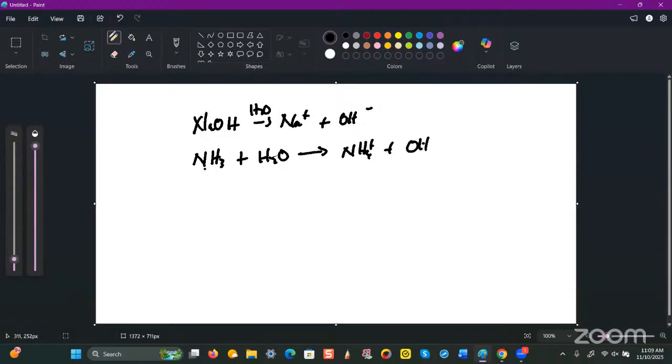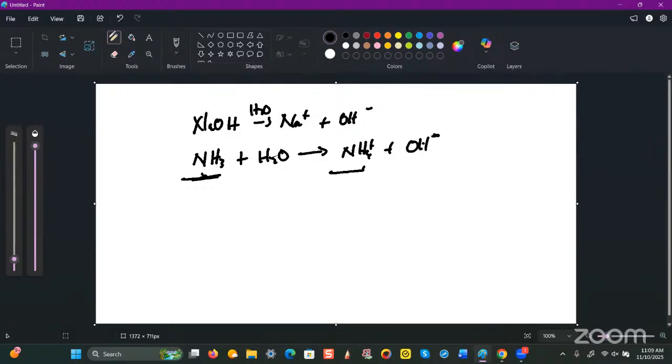So even though there's no hydroxide here, when you add it to the water, there's a reaction that takes place. And the products of that reaction would be the ammonium ion and the hydroxide ion. So for that reason, ammonia is considered to be a base because when added to water and dissolves, it produces the hydroxide ion, all right?